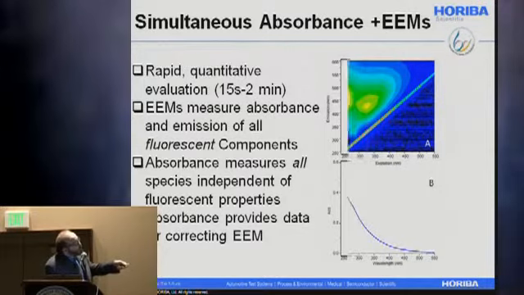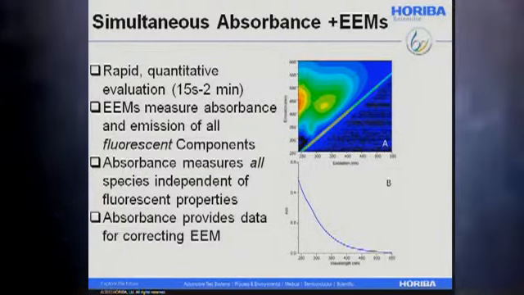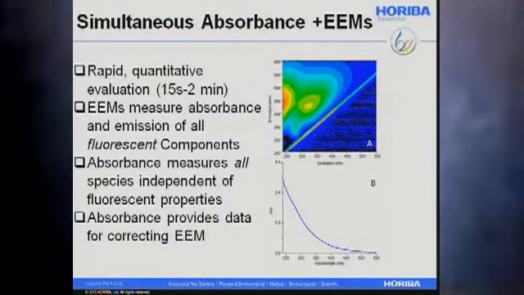Primarily, we have the absorption and fluorescence spectra of everything that's organic and has a fluorescence nature. At the same time, we also get the absorbance spectra of everything, whether it fluoresces or not, as long as it is absorbing light or scattering light in the sample.